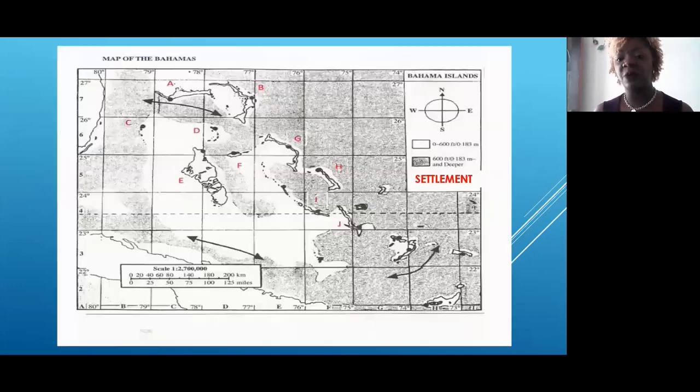Well, first of all, we need to know where Nicholstown, Andros, and Governor's Harbor, Eleuthera is. So, big thing, students, you need to know the map of the Bahamas. You need to know how to label it, and you also need to know the main settlements. Okay, so if you don't know it yet, this is a perfect time for you to start practicing labeling the blank map of the Bahamas.